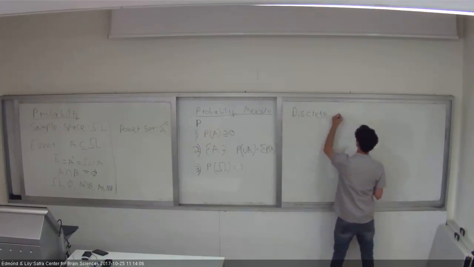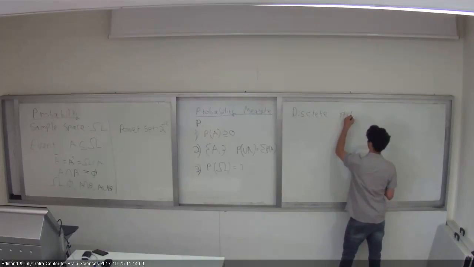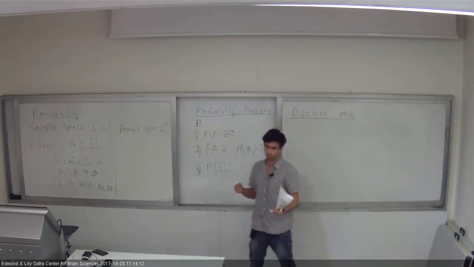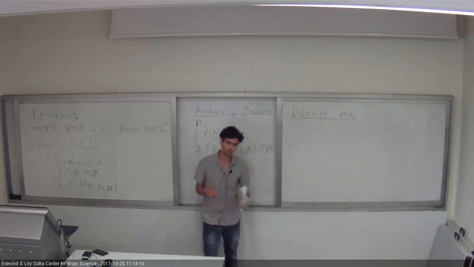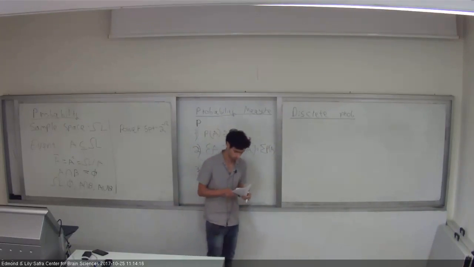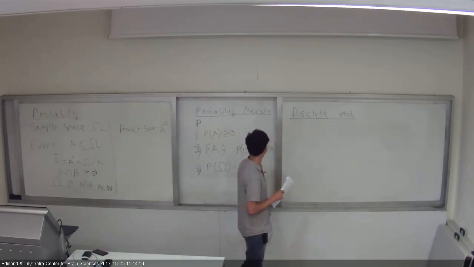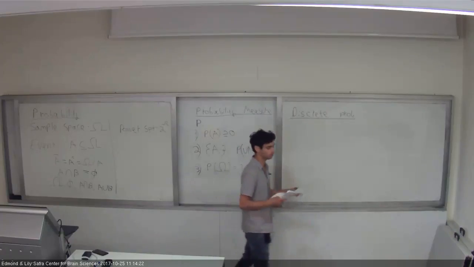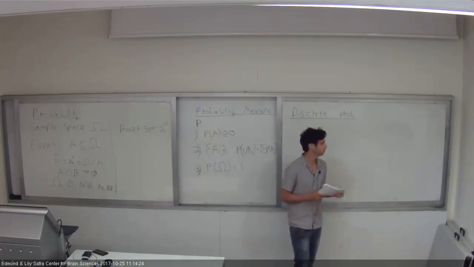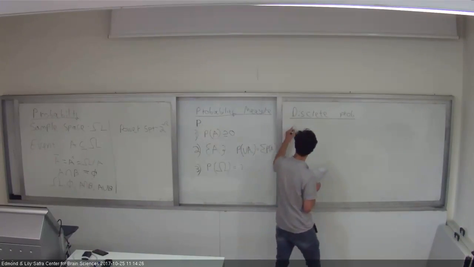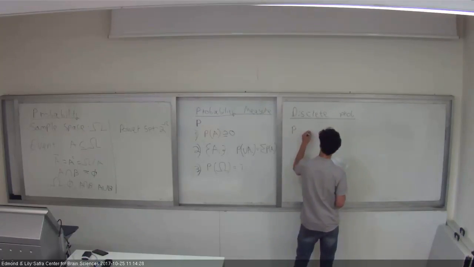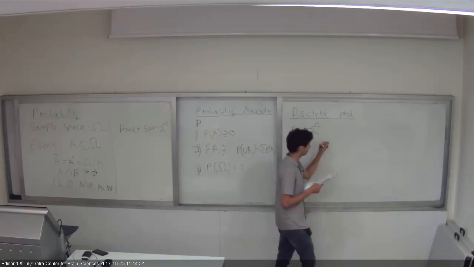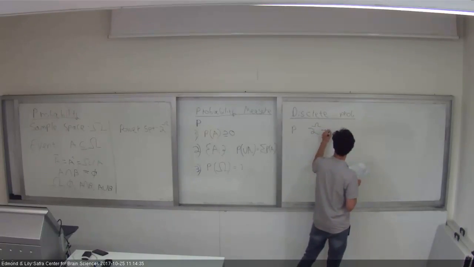Now we are in the case that omega, our sample space, is discrete, and P, our probability function, is defined over all the possible events. So we can define P as a function from all the possible events to [0, 1].